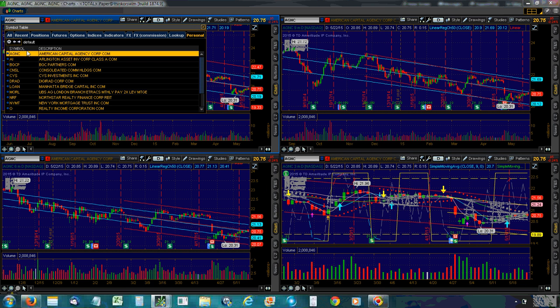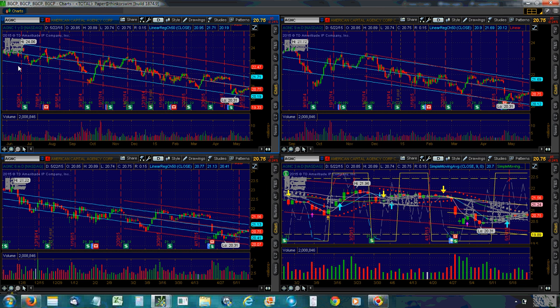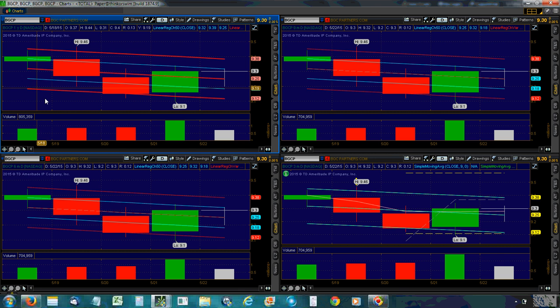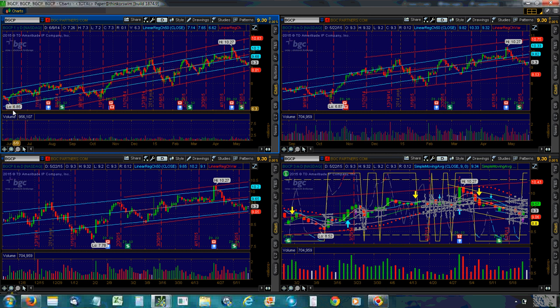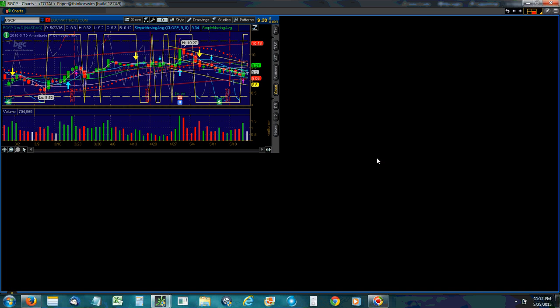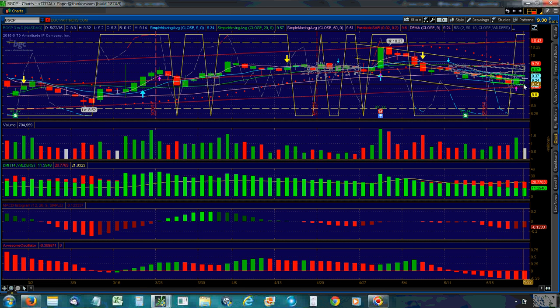But let's take a look at BGCP. And BGCP, we can see, is trending up in the 1 year period, the 9-month daily, the 6-month daily, and also in the 3-month daily. Now, in the 3-month daily, you also have shorter term trends. You may not be able to see that, but there is a 5-day trend line right there, a 9-day trend line right there.